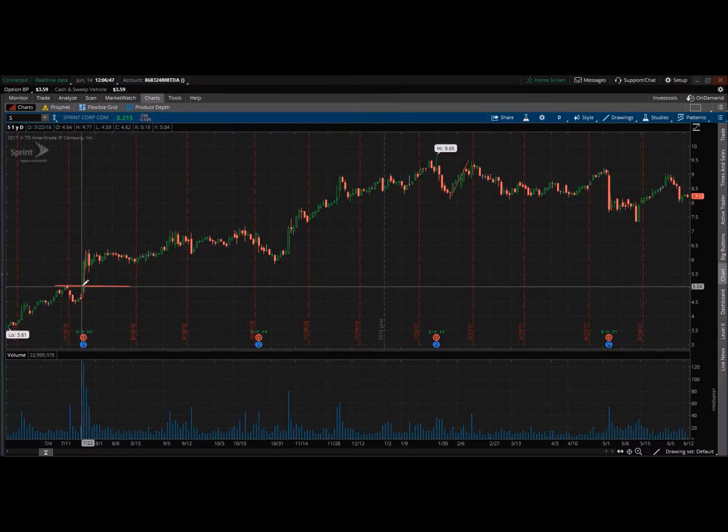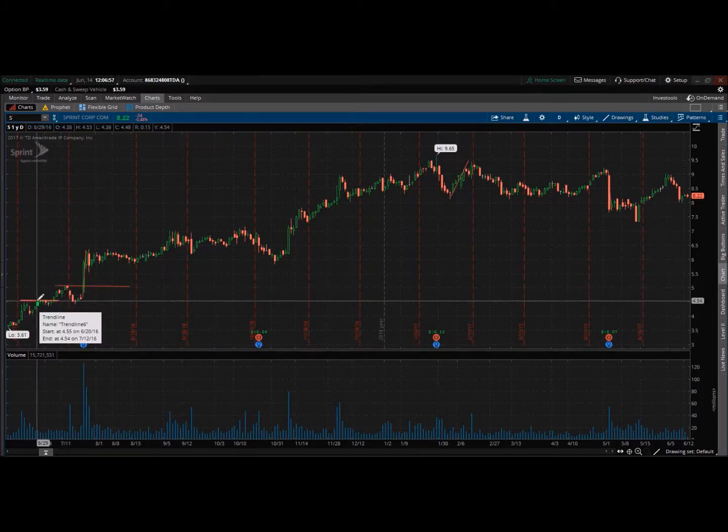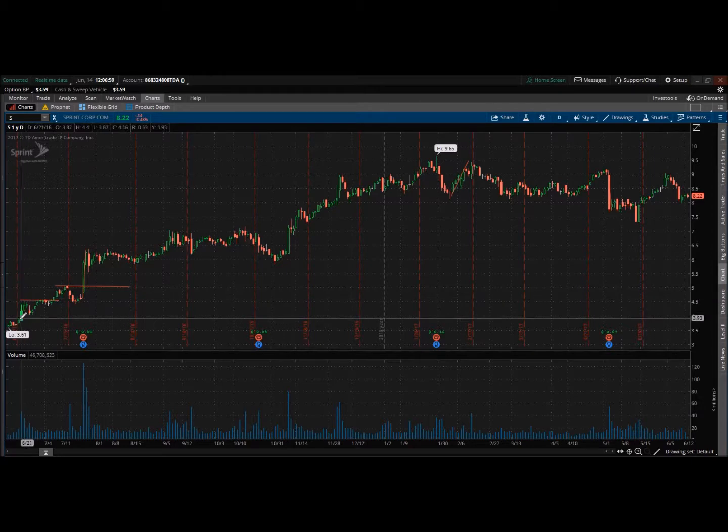And why is this a resistance level? It's a resistance level because we see the price come up, and here's another previous resistance level at 4.50. So at 4.50, we come up, hit once, come down, form a support at $4 right here.